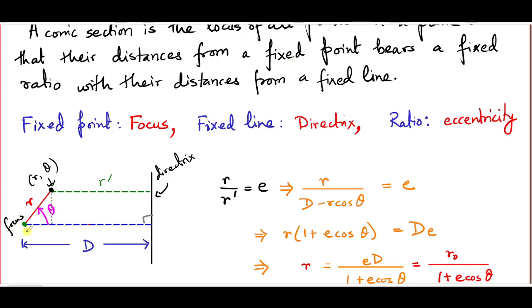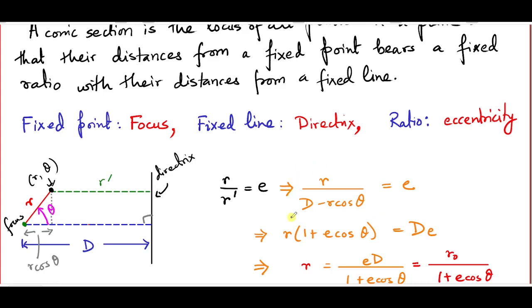It's pretty easy to see that if you take away this distance, which is r cosine theta, from d, you get r prime. So r over r prime, this ratio, which as we have already mentioned is the eccentricity, being a constant gives us the equation r over d minus r cosine theta equals e.